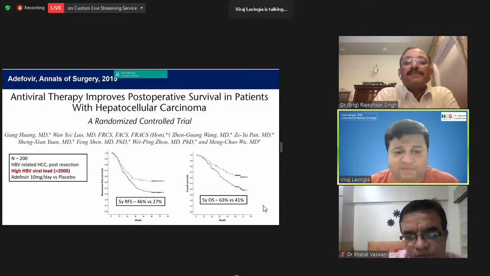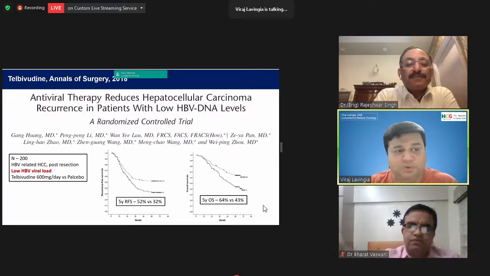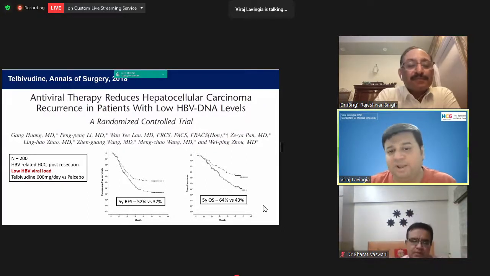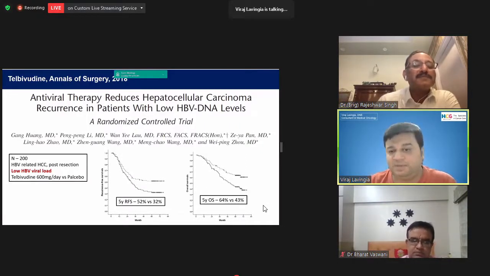Similarly, from China, we had a plethora of studies for adefovir for high viral load, and the same group showed for telbivudine for low viral load, that if you give antiviral therapy for hepatitis B patients after operation, it improves recurrence-free survival as well as overall survival.